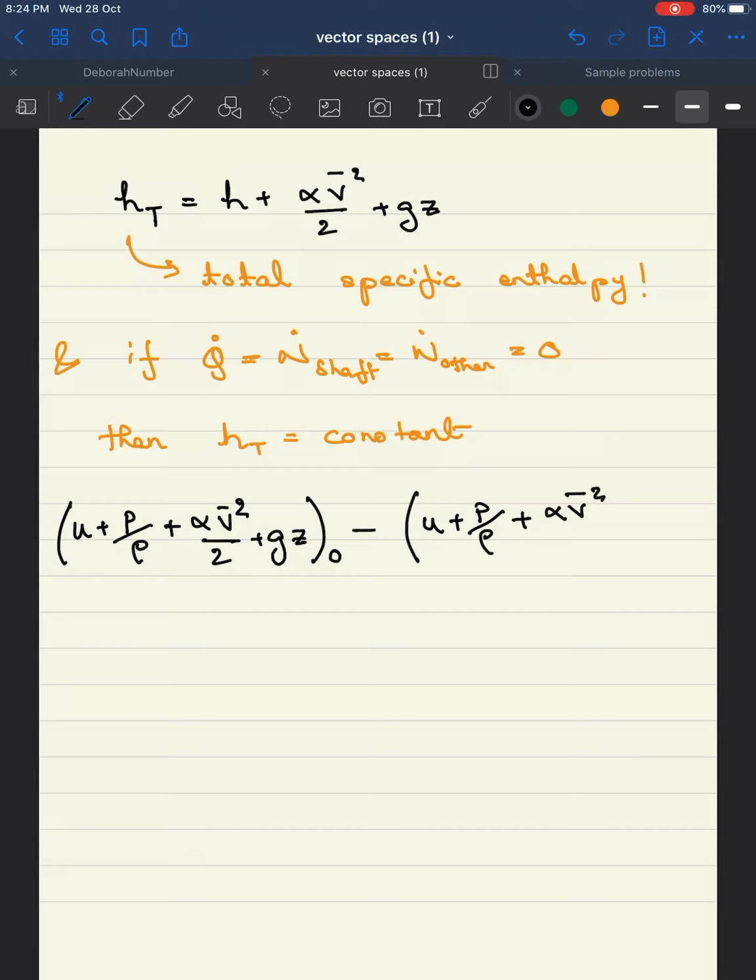We are just seeing how far we can simplify the expression. And this is Q dot by M dot plus W dot shaft by M dot plus W dot other by M dot.